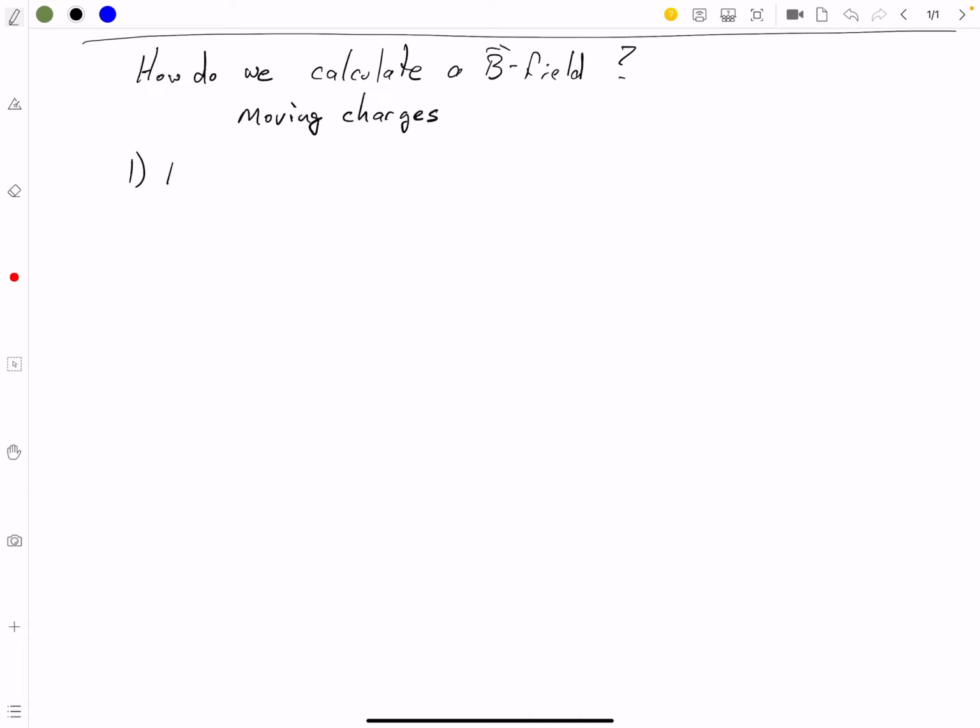One, the Biot-Savart method. And the second is Ampere's law.